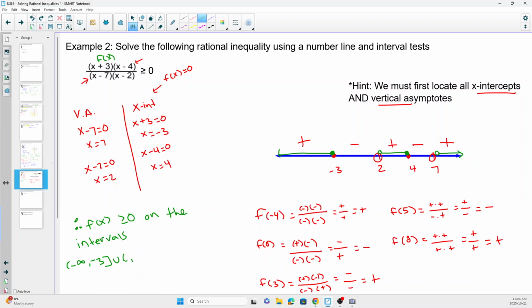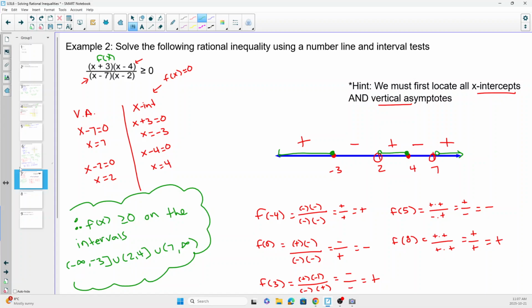Oh, I didn't write the 2 there. 2 up to positive 4 and inclusive of positive 4. And then again, from positive 7, but not inclusive because that's a vertical asymptote, all the way up to positive infinity, and our infinities are never inclusive. So there is your solution for that.